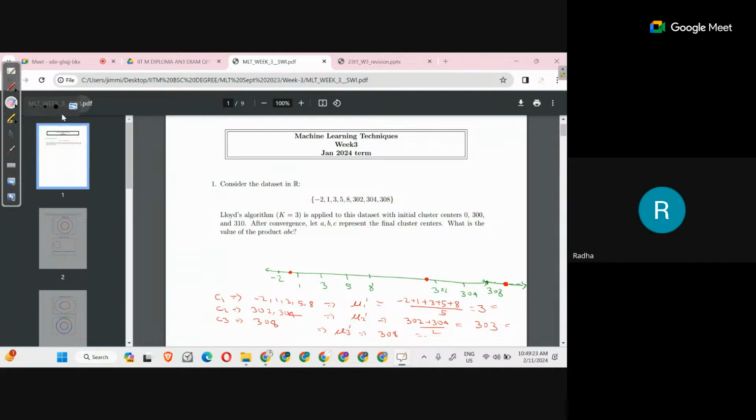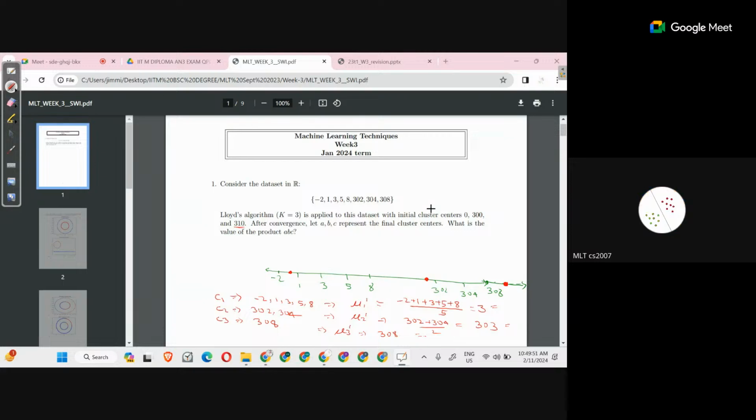That point is not moving anywhere. But initially the third cluster center was 310. Actually, there should be one point 310 also in this. Why do we require 310? It's only initialization, no?